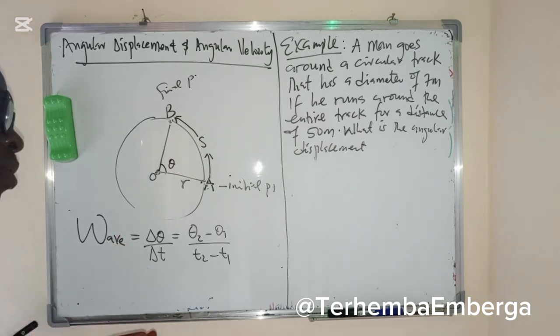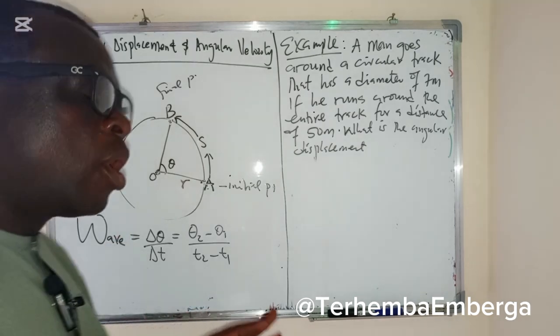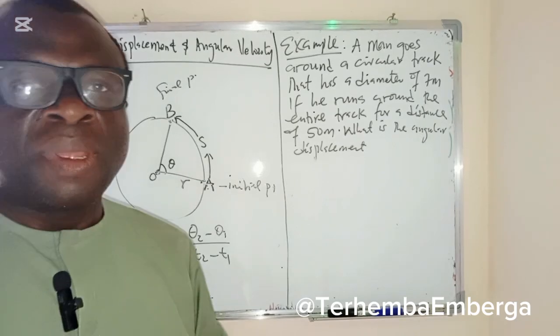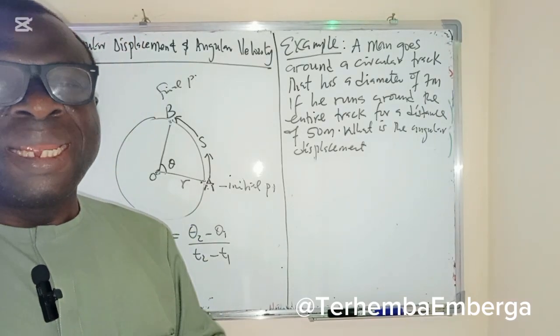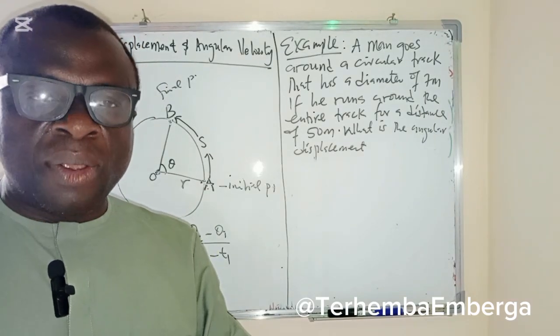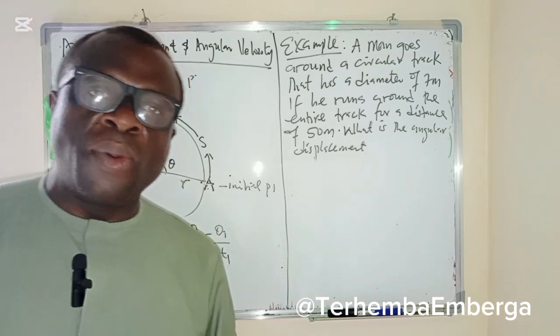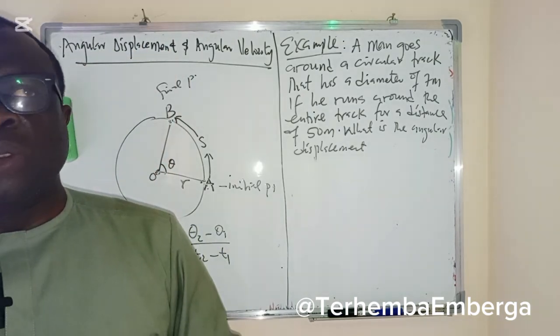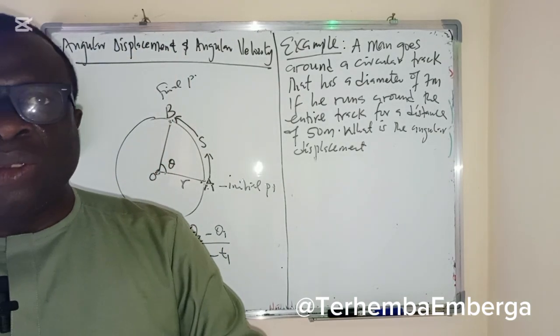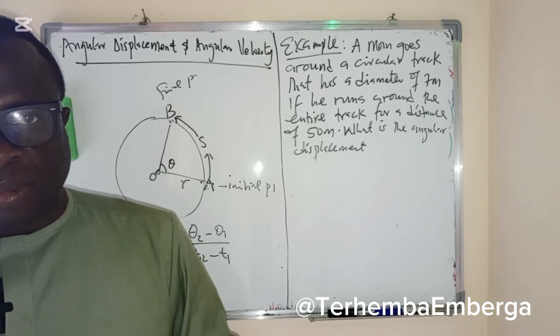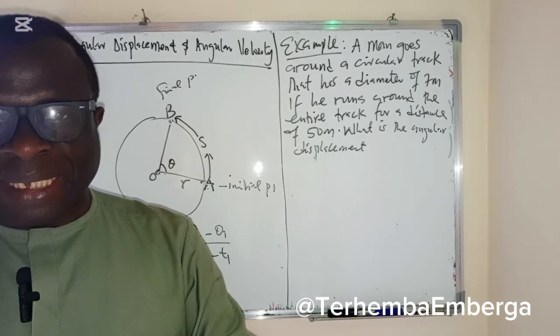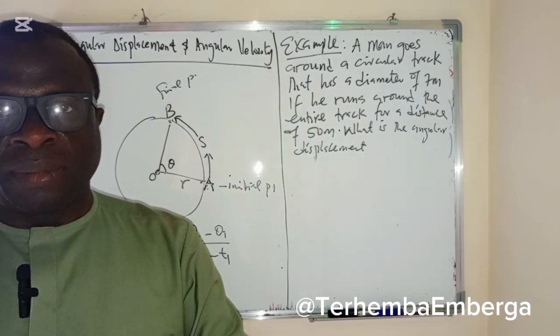And we have what we call the instantaneous angular velocity. Just like when we're describing linear motion, we talk about instantaneous velocity, velocity at that particular point.